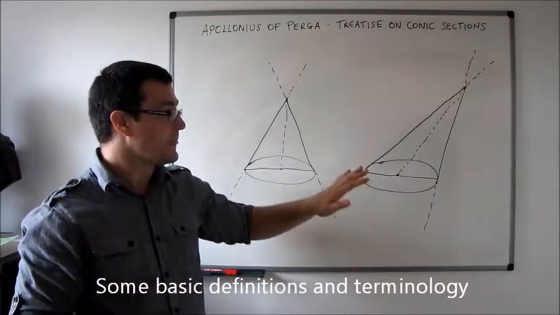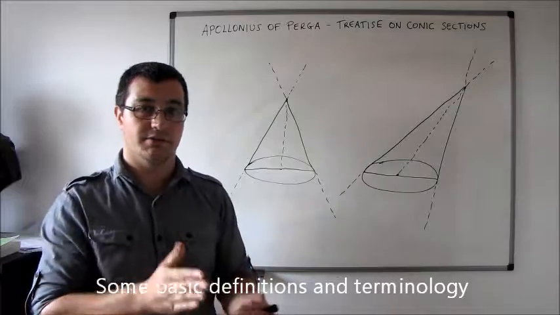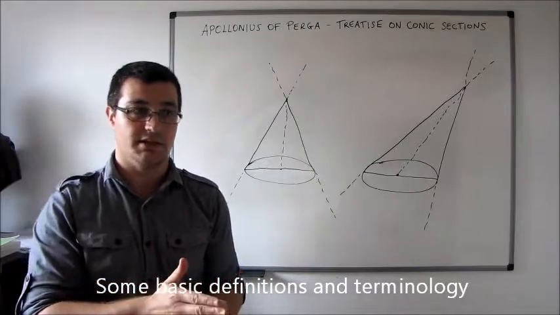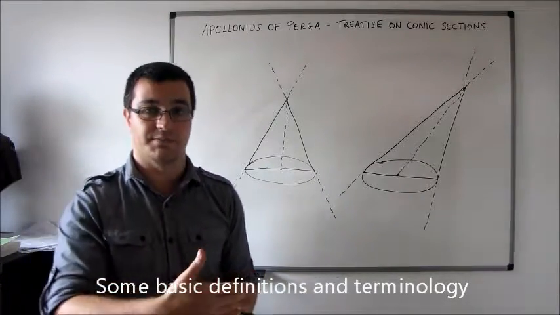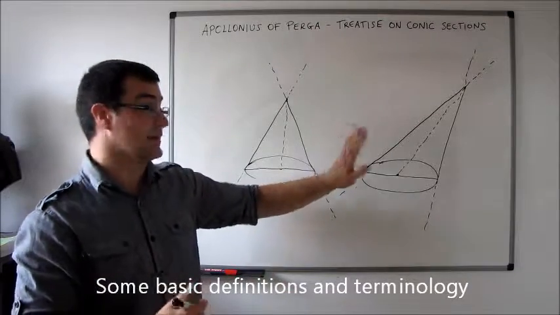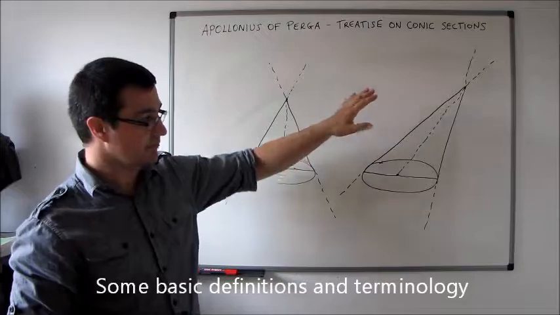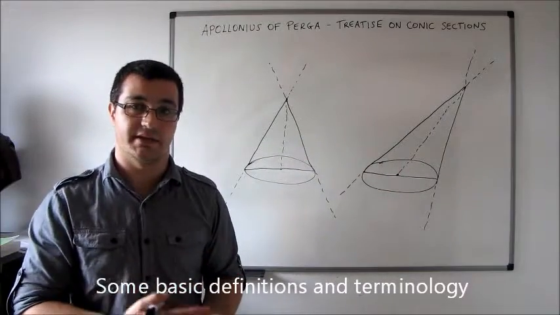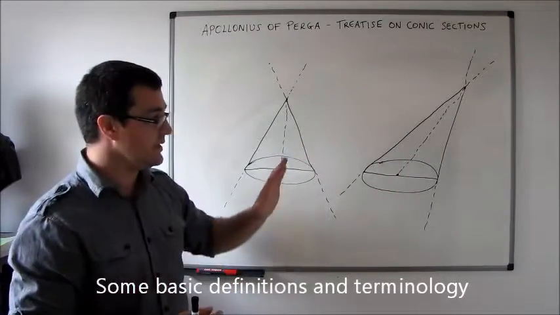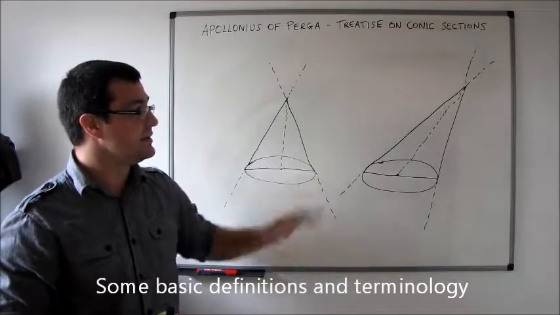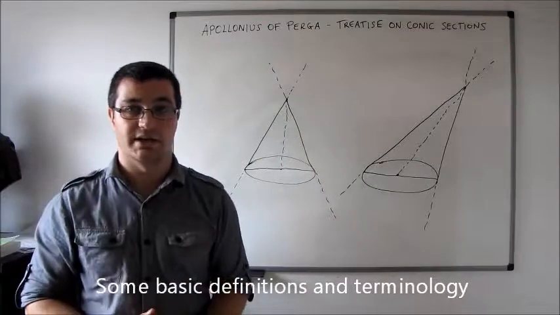Having said that, even in the case of the oblique cone, it is always possible to cut at a particular angle with a particular plane that produces an axial triangle that is actually perpendicular to the base. So that's the axis of the cone and the axial triangle defined.